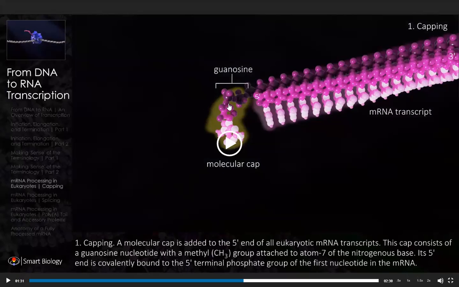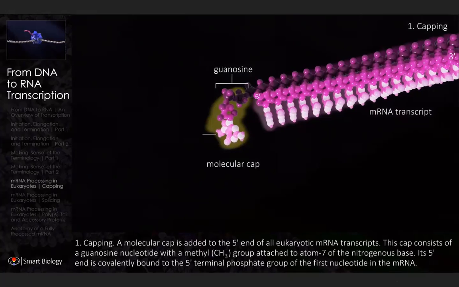Normally, what we have in a phosphodiester bond is a 5' to 3' bond, right? So the 5' phosphate forms a phosphodiester bond with the 3' OH. In this case, we have an unusual 5' to 5' bond that is formed. And plus this, the nitrogenous base of this particular guanosine will get methylated, a methyl group will be added, and this is called the cap.